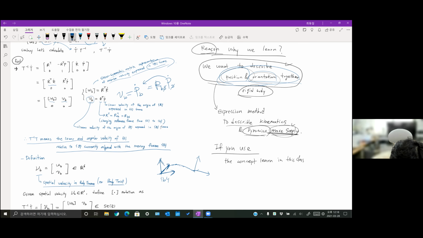And in this case, sometimes B frame velocity is like this. So this one is the velocity vector.